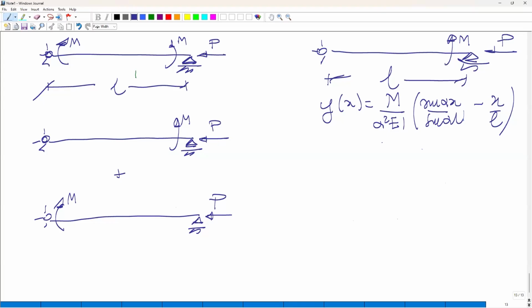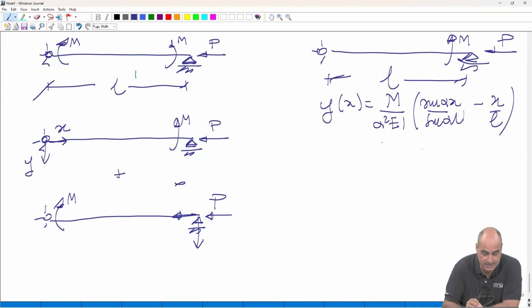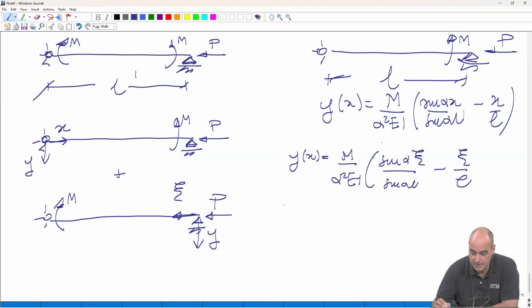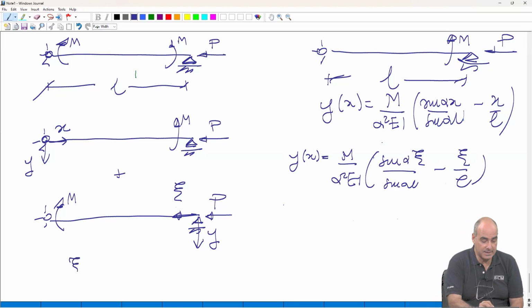So if for this solution we put a reference system x, y here, and in this case we put a reference system xi, y here, actually our solution will be exactly the same. Simply replace x with xi. But what is xi?